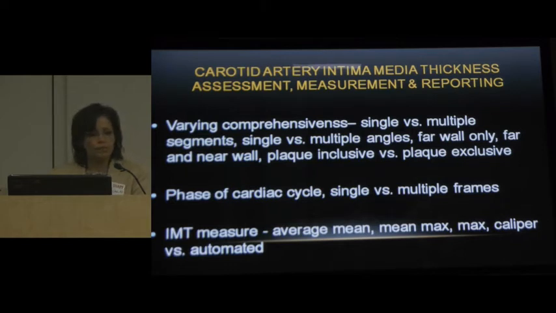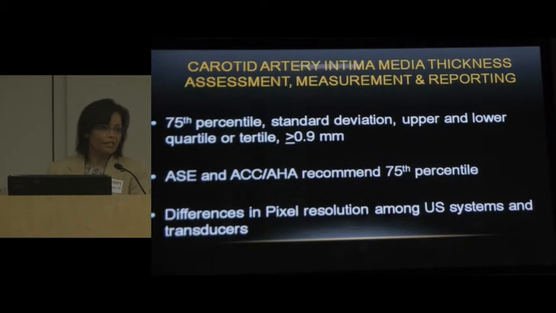You can express it as an average mean or an average of maximum or only the maximum, and you can measure IMT either by the calipers on the ultrasound system or be more sophisticated and use some automated edge detection tool, which obviously will increase your accuracy and comprehensiveness. We also vary in our definition of what is an abnormal IMT.